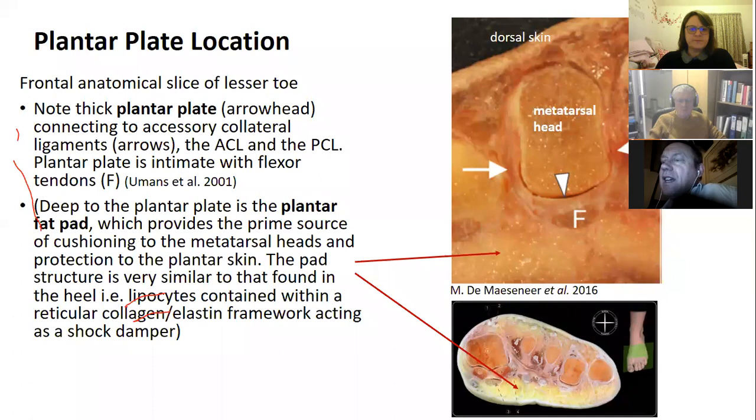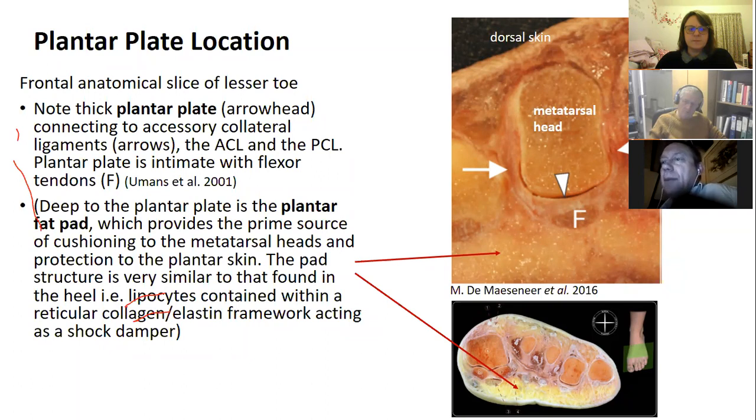You can see that thickened band underneath there, okay? And that thickened band directly underneath the metatarsal head is the plantar plate, so it's quite thick. And it rests on top of the flexor tendons, notified by the letter F. So they have like a little groove within the plantar plate, if you like.